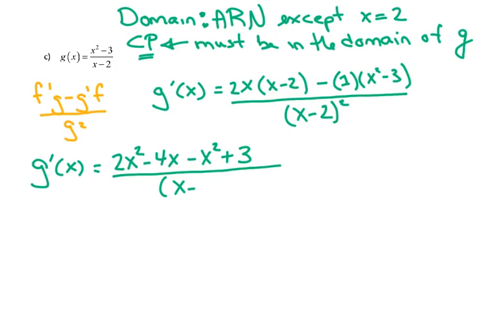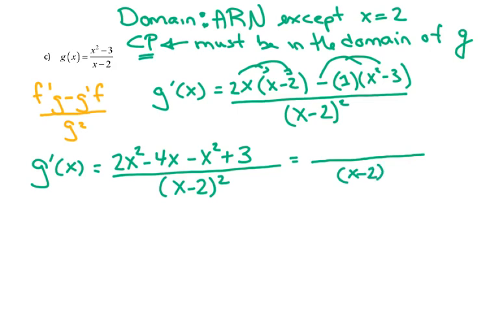Everybody look at that and make sure you agree with me before we go on. 2x times x, 2x times 2. This minus sign gets distributed. So what does this look like? It looks like x squared minus 4x plus 3.